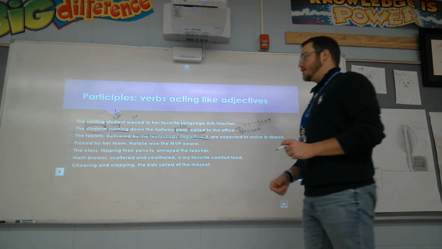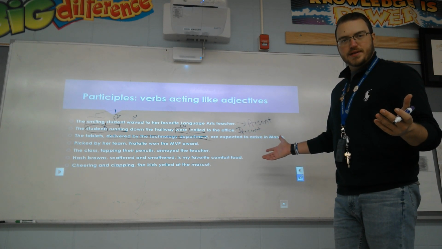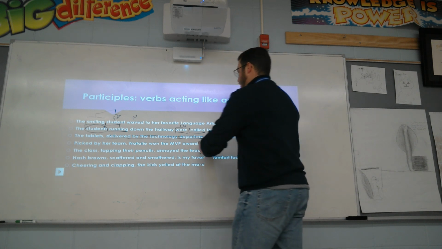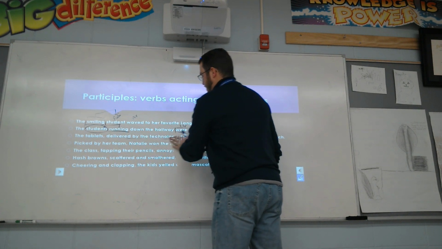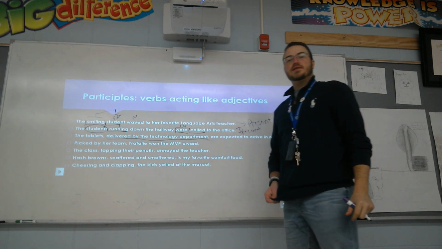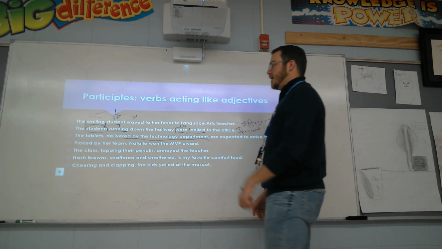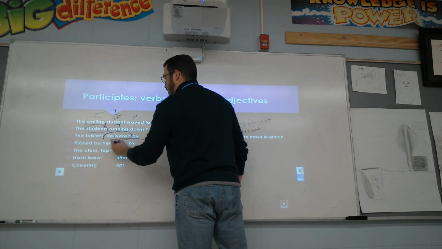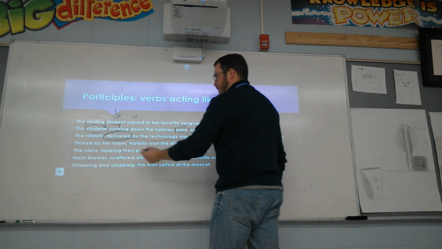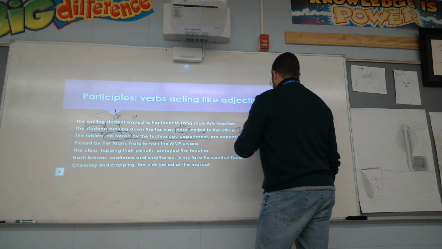We could take it out completely: the tablets are expected to arrive in March. That makes a complete thought. But we want to be more specific with our language, and we want to tell which tablets: the ones that were delivered by the technology department. So that is modifying tablets. We have our ed word, and this is describing the tablets. So this is our past participle.